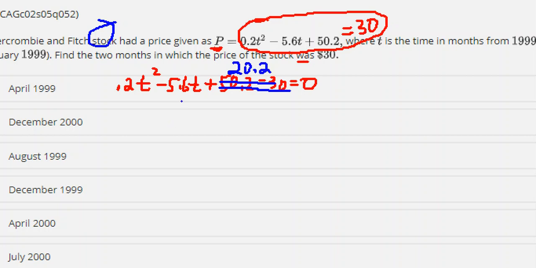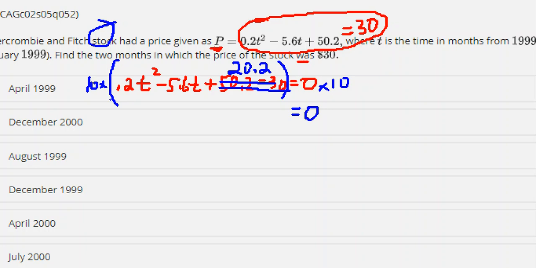Okay, so let's simplify that. Another thing that I dislike is the decimal here, the 0.2, 5.6, 20.2, but I do notice they all have just one decimal. So to get rid of the decimal, I'm going to multiply both sides by 10. The right hand side is just 0.